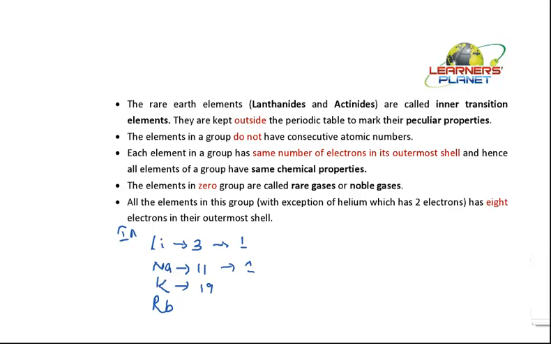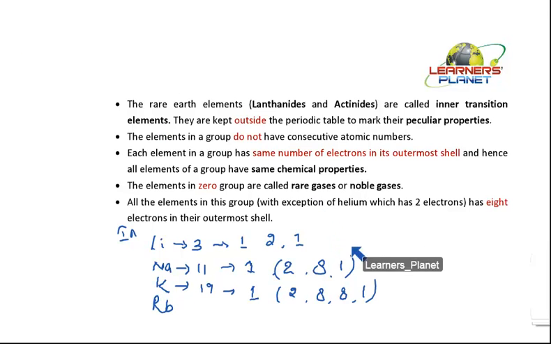I can arrange lithium as 2, 1. Sodium I can arrange as 2, 8, 1. And potassium also has 1 electron in the outermost shell: 2, 8, 8, 1. So these elements, as they have a similar number of electrons in their outermost shell, have similar chemical properties.